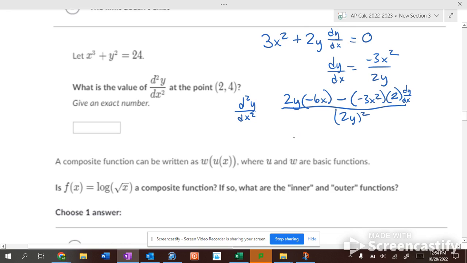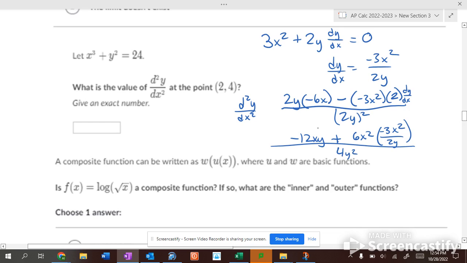Okay, so it's negative 12xy plus 6x squared times 3x squared, negative 3x squared over 2y over 4y squared. Then we can just stick in the x's and y's.